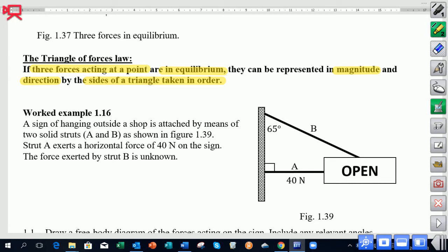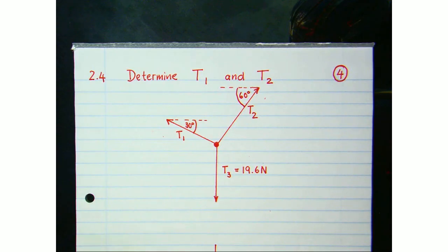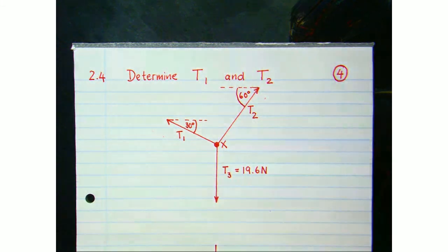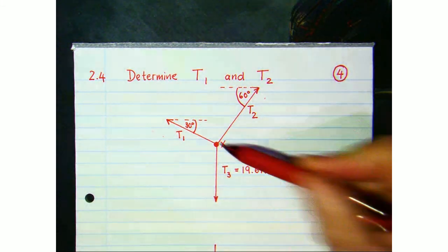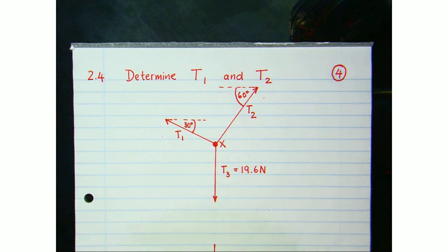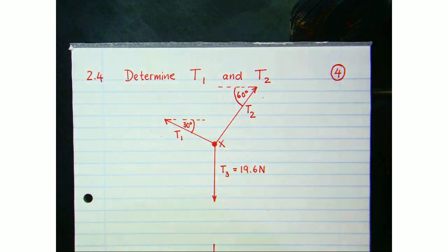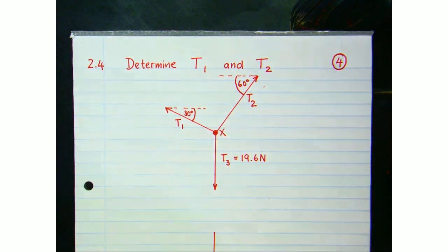So what is that saying? If we go back to our diagram, we've got three forces acting on a point X, and we know that that point is at rest, so it's not moving, so the net force is 0. So these three forces are in equilibrium. And it says in the law that we can represent these three forces as the three sides of a triangle taken in any order.